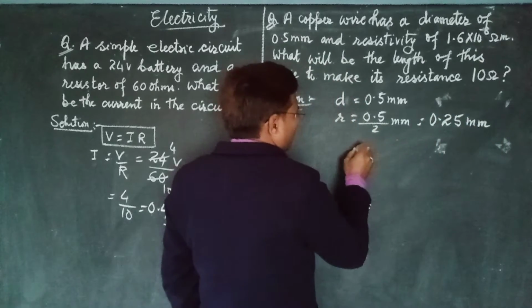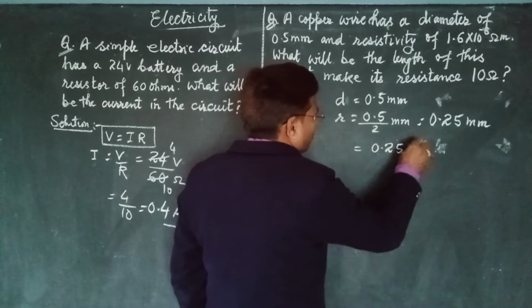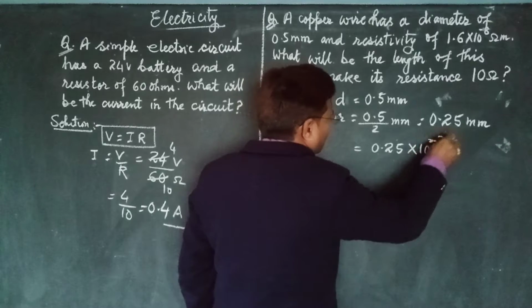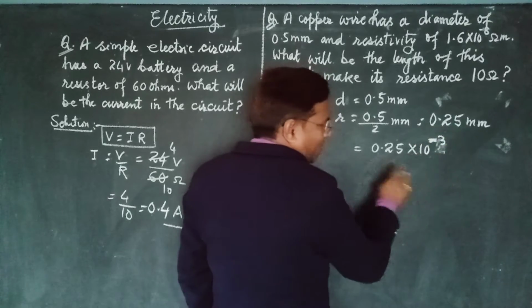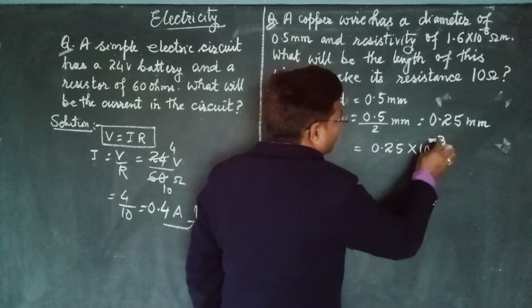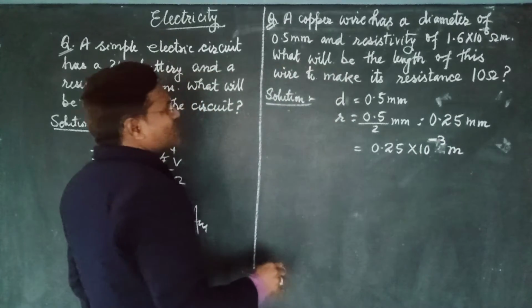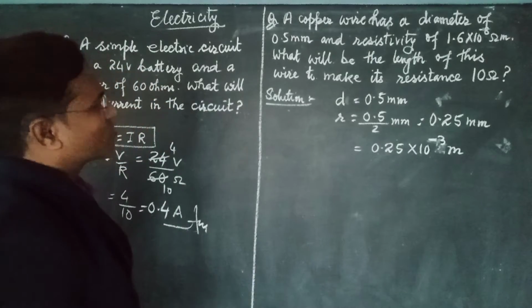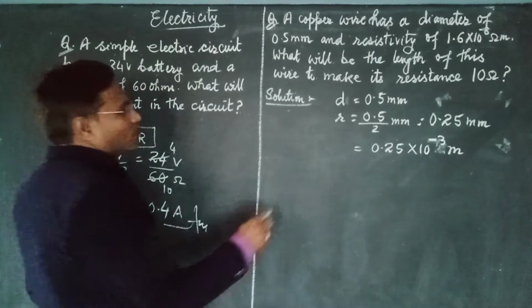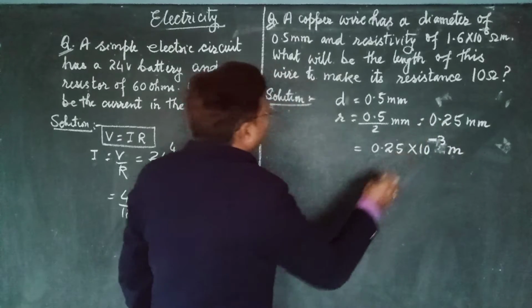Now I convert it into meter, so it will be 0.25 into 10 to the power minus 3 meter, because we divide by 1000.